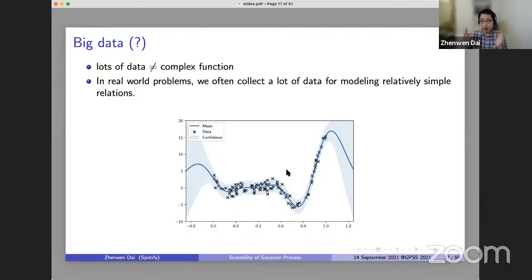If we plot those behavior patterns, imagine some sort of histogram, often what you see will be a power law distribution, with a large number of users following some common patterns, and then a very long tail of less common behaviors. So in short, the idea I want to convey here is that a large number of data points does not necessarily mean the underlying function is complex. It can be a lot of data explaining similar things.